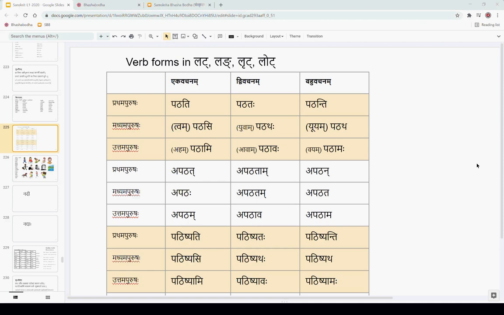Word means a namapadam, a noun, which could be in any gender. For example, balakah patati, the boy is reading. So balakah is a pullinga shabdah, and balika patati. So balika is a strilinga shabda. So for both of them we can use patati. Similarly, it could be napumsakalinga also.